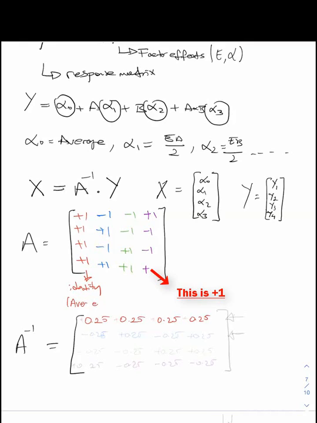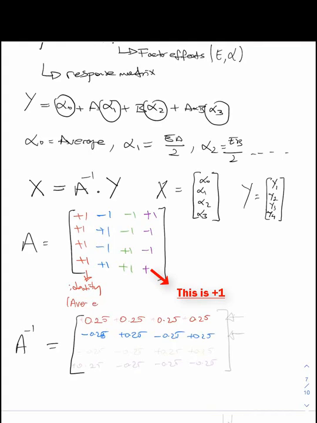And my second column is going to become my second row, right? That will be minus 0.25, plus 0.25, minus 0.25, and plus 0.25.